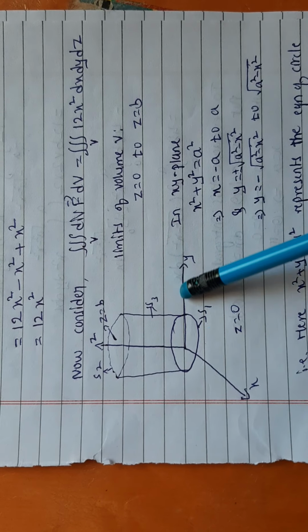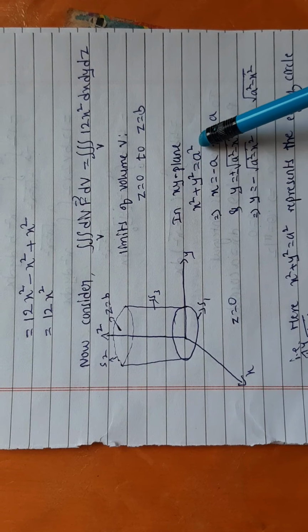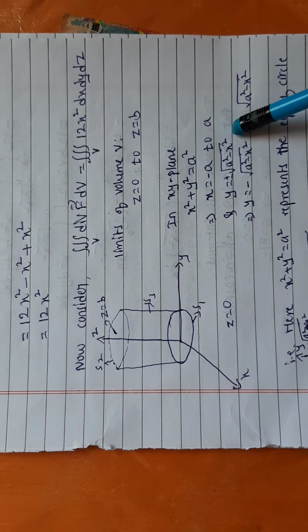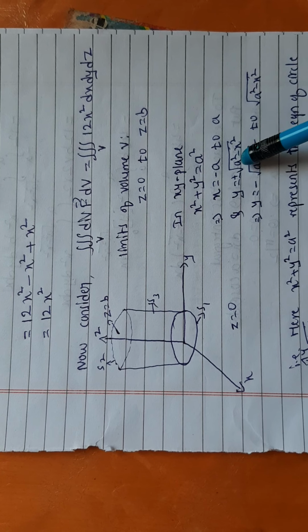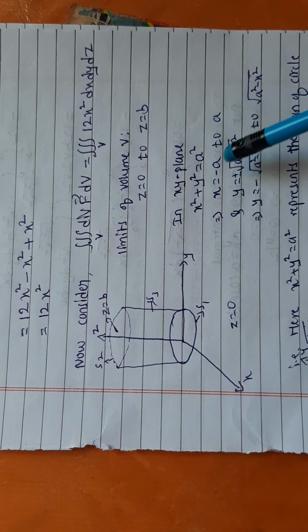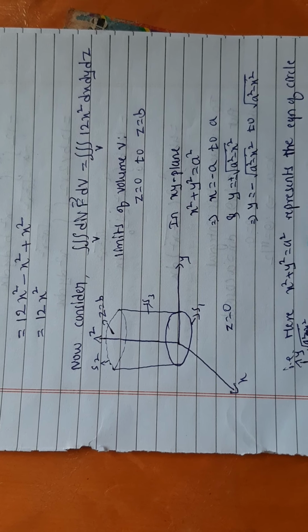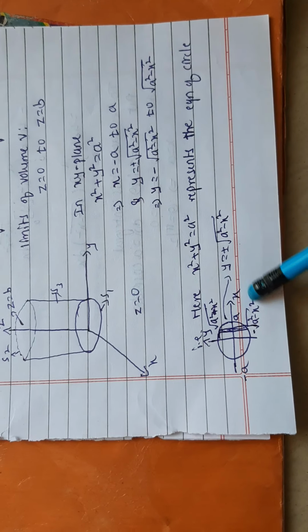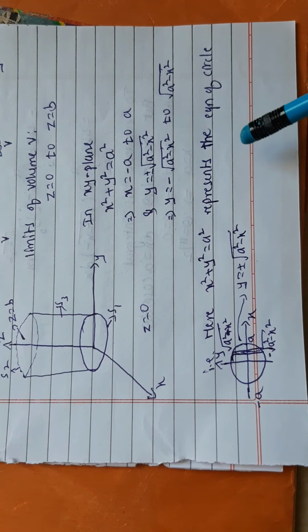And y can be written as plus or minus square root of a^2 - x^2. Therefore the limits of y are plus or minus square root of a^2 - x^2, and the limits of x are plus or minus a. This is the figure for x^2 + y^2 = a^2.